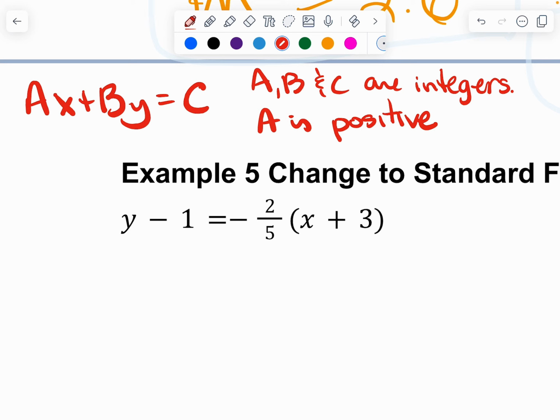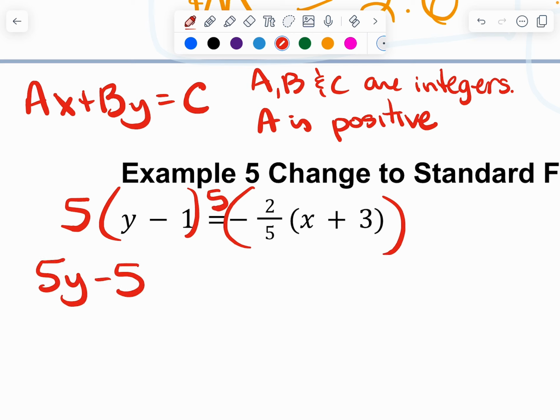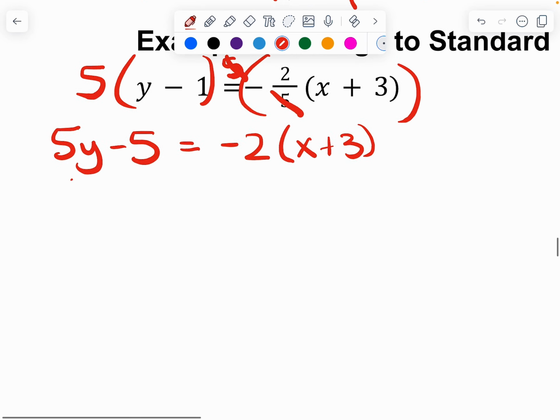So, get rid of that fraction. I'm going to multiply both sides of the equal sign by 5. So I get 5y minus 5 equals, this 5 cancels with this 5, so negative 2 times the quantity x plus 3.